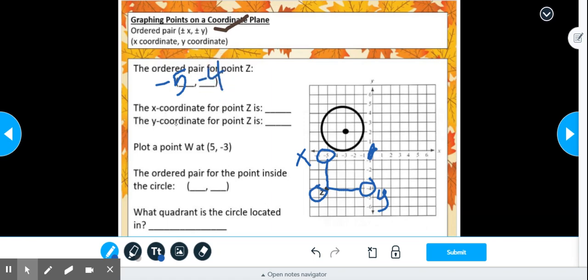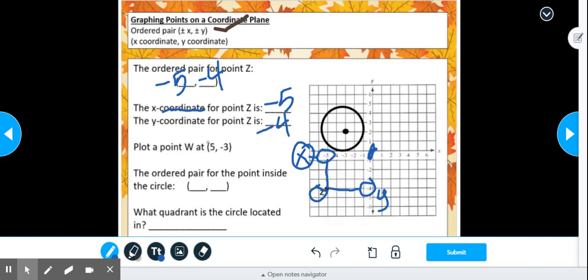So the X coordinate is this point right here, just by itself. The ordered pair is going to have 2 points, -5 and -4 together. It's a pair. But if it's just asking for the coordinate, it's asking for just 1 point. And then the X is -5 and the Y is -4.